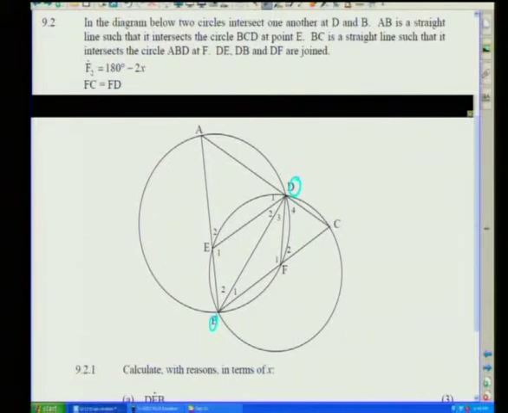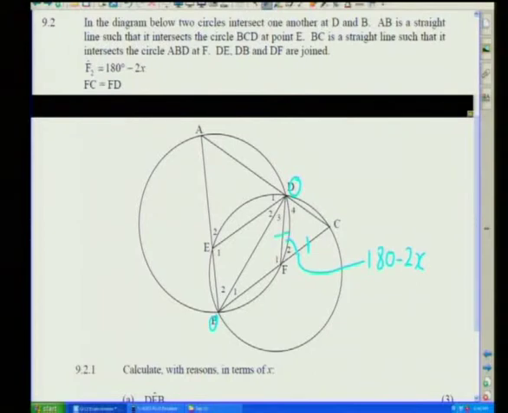They then tell you that angle F2 is 180 minus 2x, so that angle is 180 minus 2x. And they also tell you that FC, which is the length of this triangle FCD, FC is equal to FD.